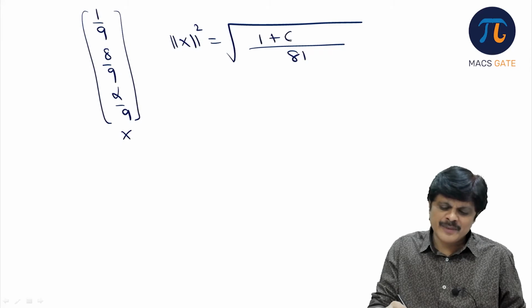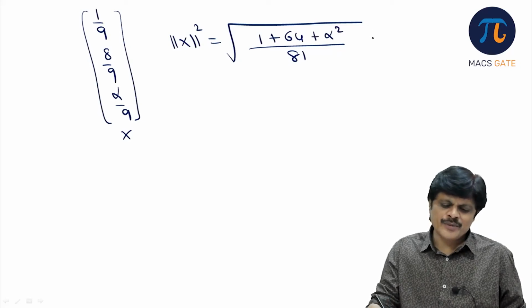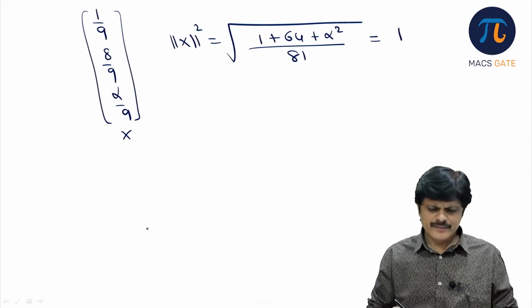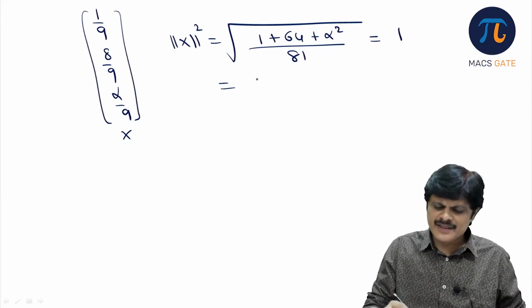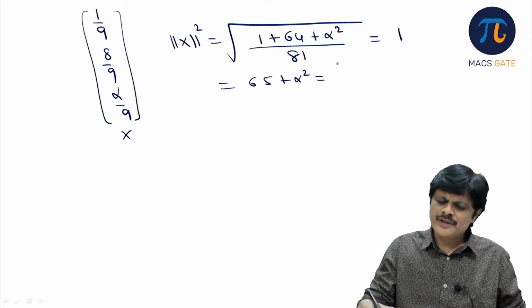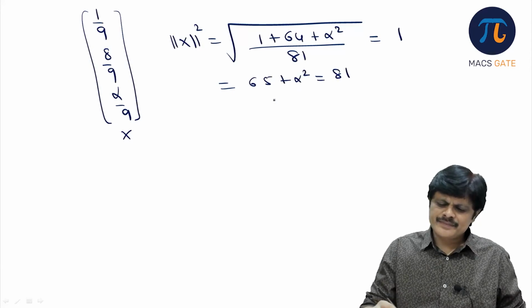It is 1 plus 64 plus alpha square. And mod x square is how much? 1. Now if you simplify this, it is 65 plus alpha square is equal to 81. So alpha square is equal to 16.